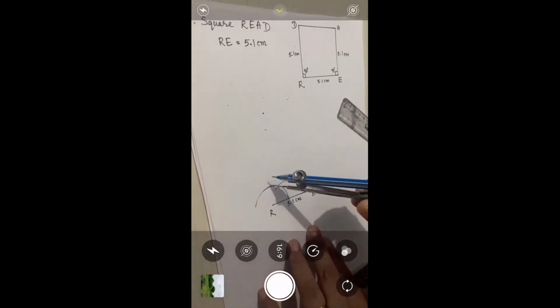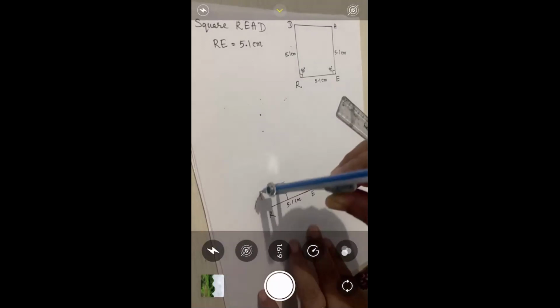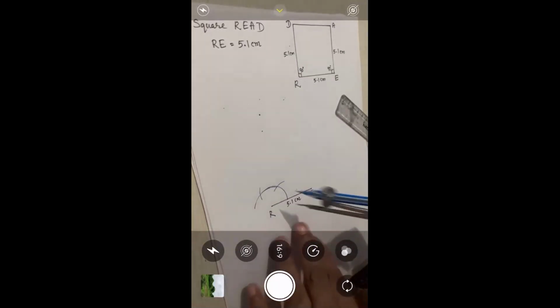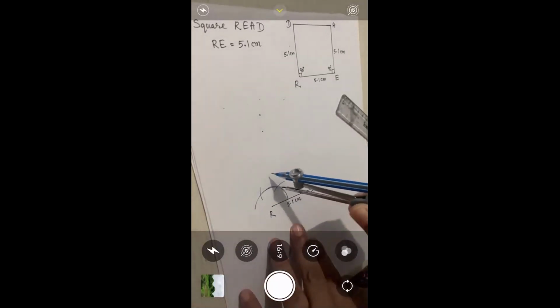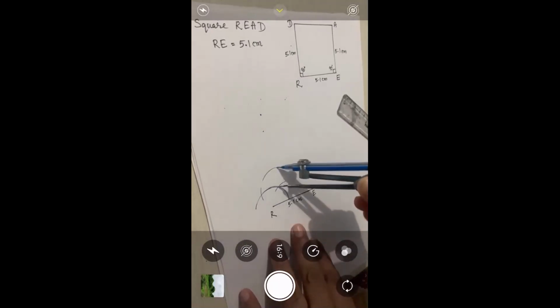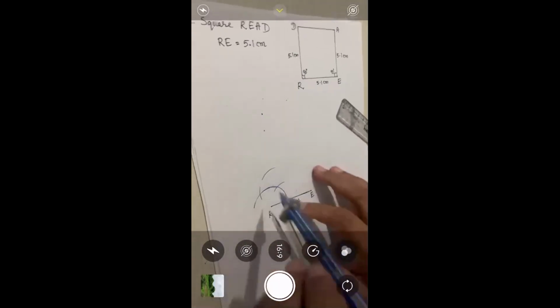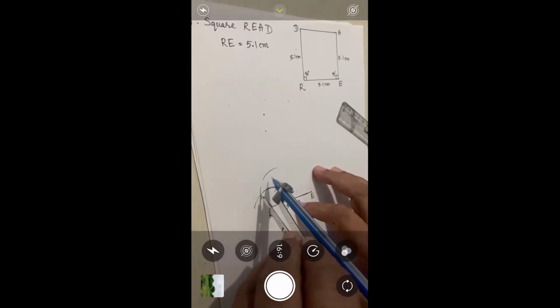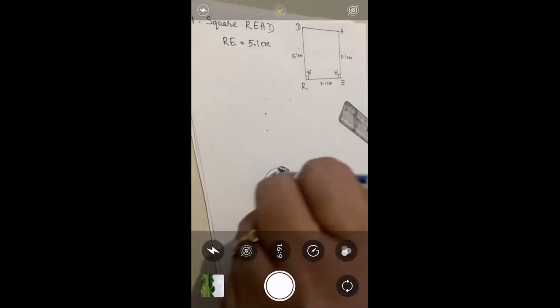Draw an arc, and keeping at this point, draw an arc. Now take a smaller radius from this point, draw an arc, and at this point keeping a center also draw an arc.